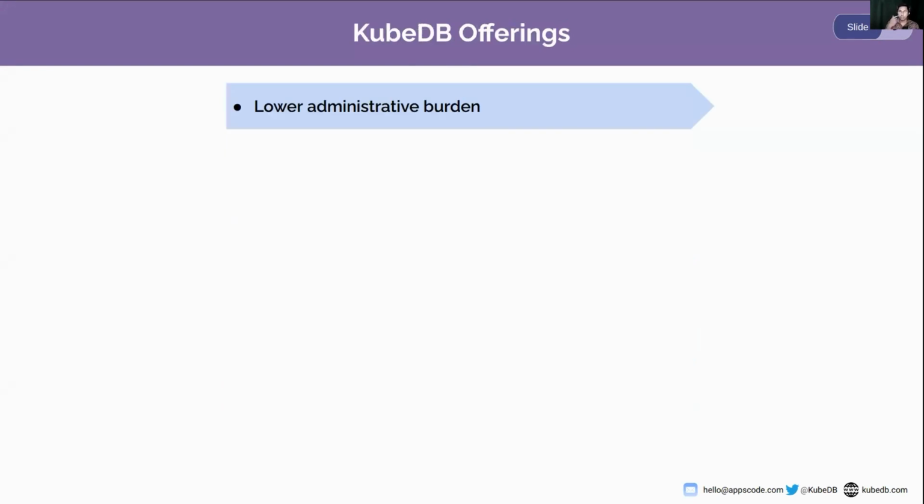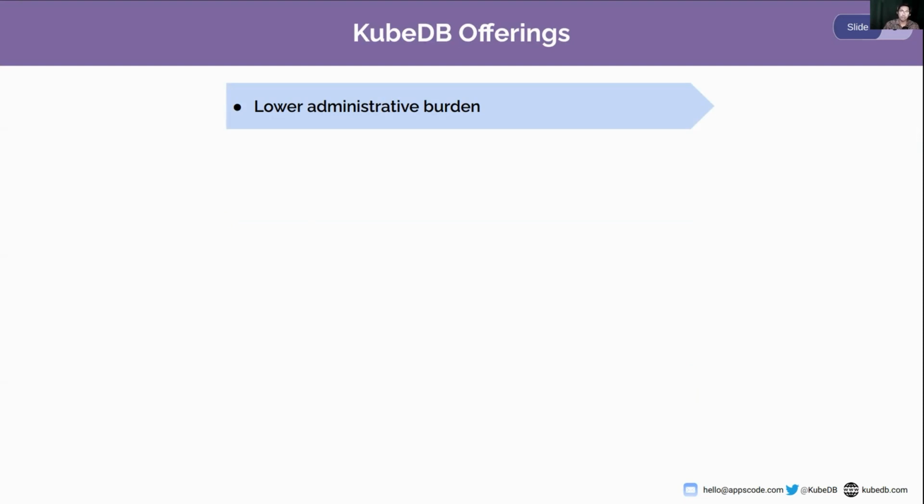So now let's talk about our current KubeDB offering. First, KubeDB comes with a lower administrative burden, because, as I spoke earlier, KubeDB comes with Elasticsearch, MongoDB, MySQL, Postgres, Redis, and more.